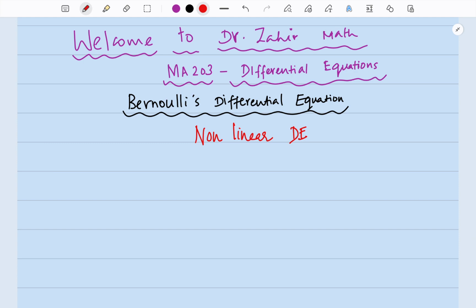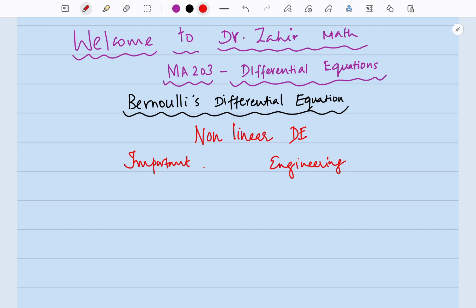Let's get started. Why is Bernoulli's equation so important? Bernoulli's equation appears in many engineering and scientific applications. In a lot of fields, these equations are applied because they model systems where growth, decay, or resistance follows a non-linear pattern.